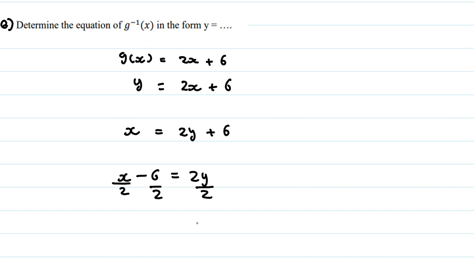So now we have y is equal to x over 2 minus 3. So now that is the inverse of g of x.